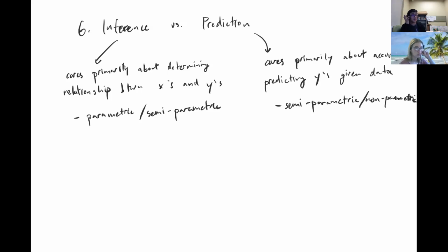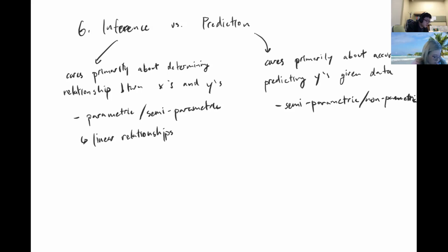And what this means is that you are making some assumptions about the functional relationship between your x's and your y's, versus trying to shy away from those assumptions in the predictive sense. And so this might be a linear relationship. The reason you would do that is because if I do a linear model, my betas simply describe a linear relationship between my x's and my y's, and that's very easy to interpret.